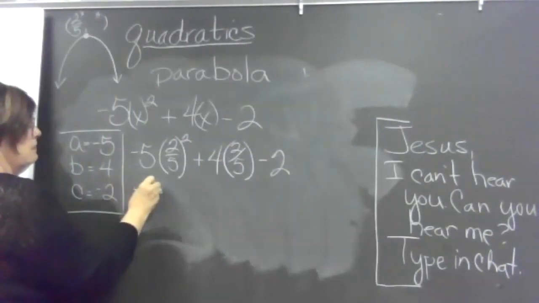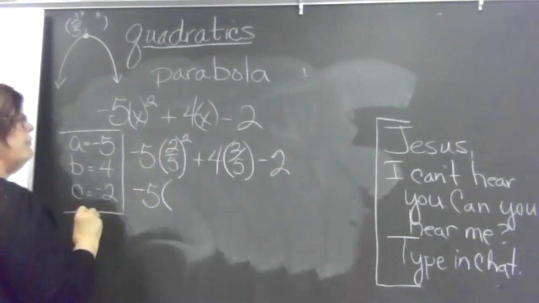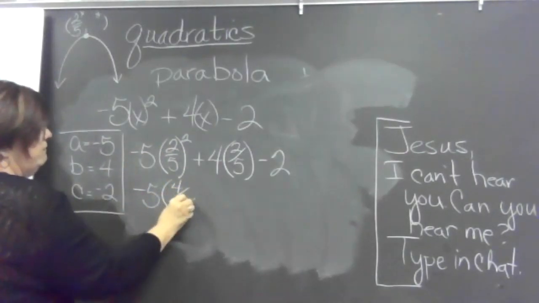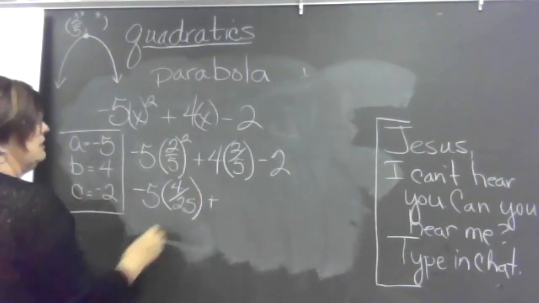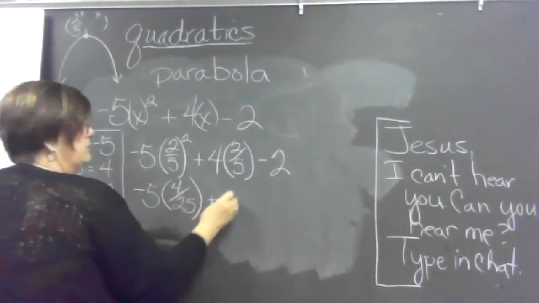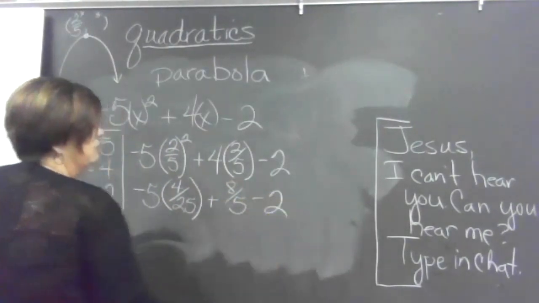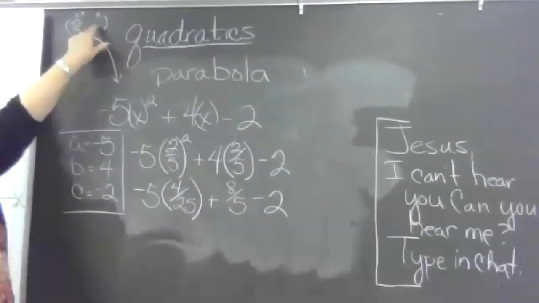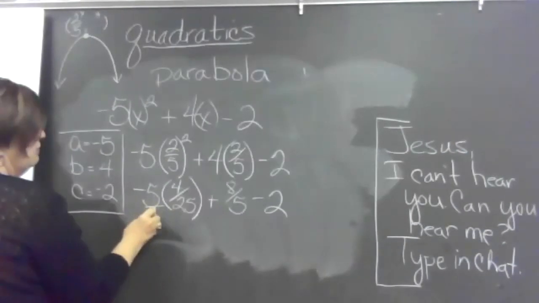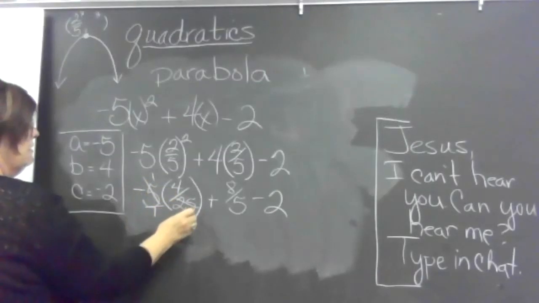So now I have negative 5, and we have to square this fraction. When you square a fraction, you square the top and square the bottom. So I have 4/25 plus, again, this is weird because I made it up, 8/5 minus 2 is going to be our y. Okay, we're going to keep on moving on. And so if I take negative 5/1 times this, 5 is going to cancel, make this a 5.